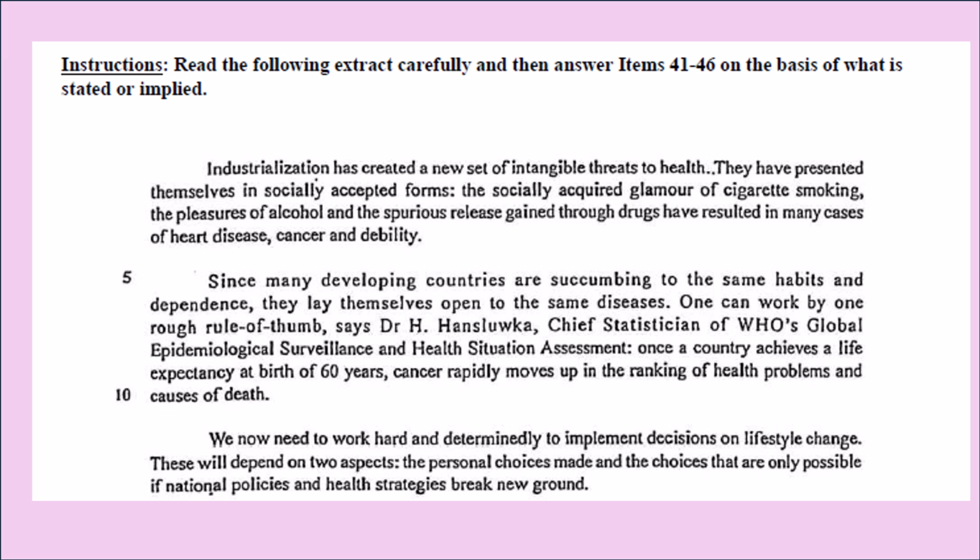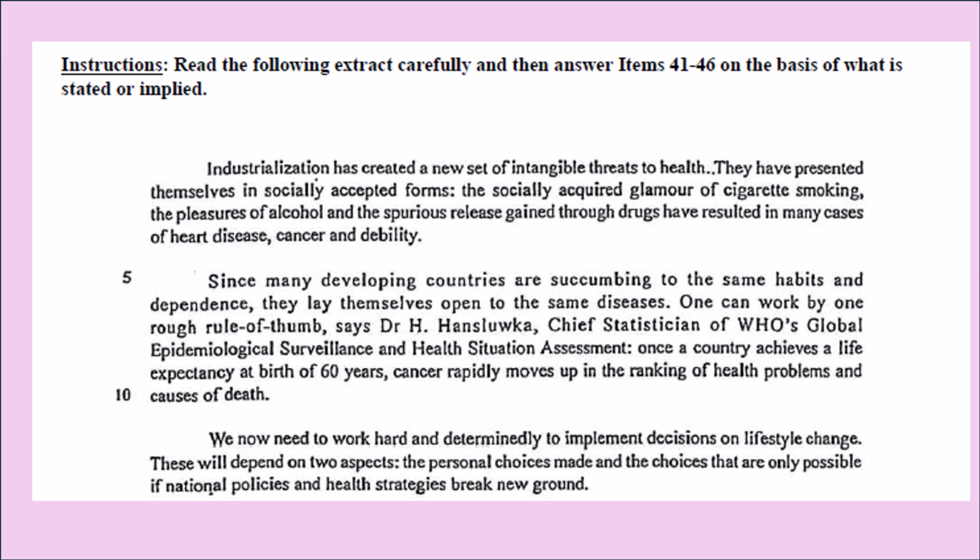One can work by one rough rule of thumb, says Dr. H. Ansluoka, chief statistician of WHO's Global Epidemiological Surveillance and Health Situation Assessment. Once a country achieves a life expectancy at birth of 60 years, cancer rapidly moves up in the ranking of health problems and causes of death.